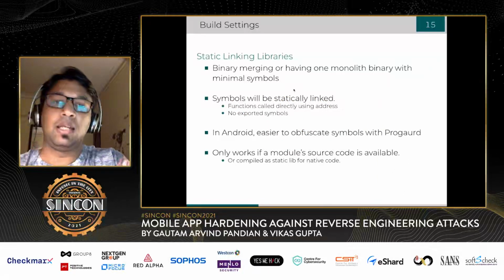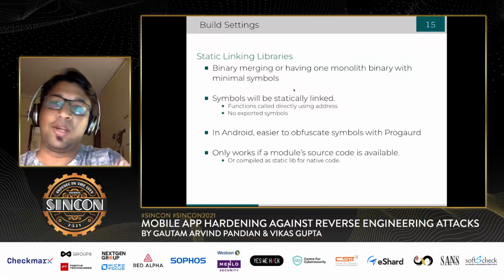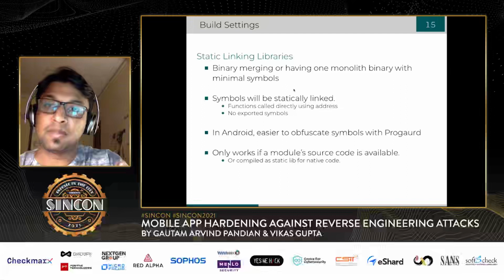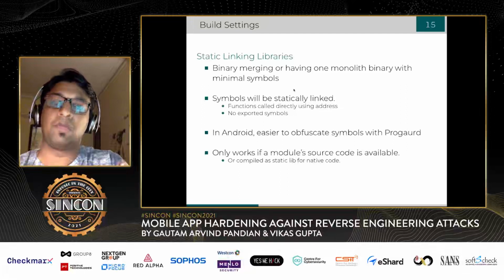Then, static linking the library. Static linking here is not used in the strict sense, because we will be applying it for Java as well. But you get the idea: what we are trying to achieve is one big monolithic binary, having minimal symbols, which really makes it hard to reverse engineer.